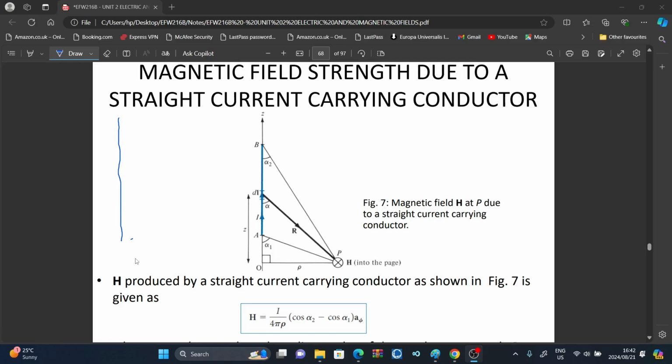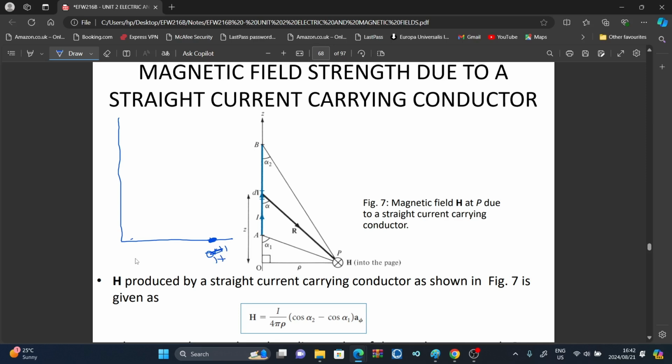So we have this straight line here, right? Then they say we have our point here, H. This is where we want to calculate the magnetic field strength, right?